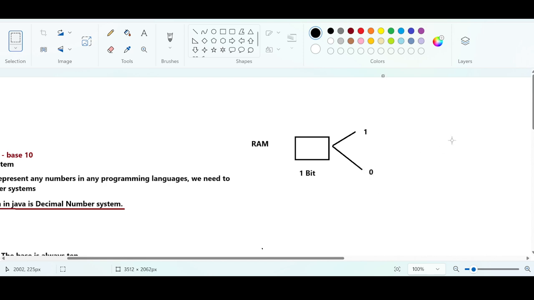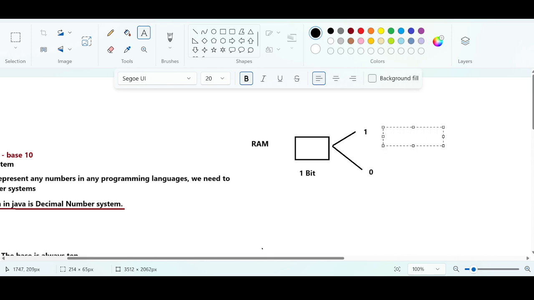This is the idea to understand the memory units in the system, memory units in the programming languages. They have calculated that the machine can understand either 0 or 1. So by this understanding they start representing 1 as true and 0 as false.